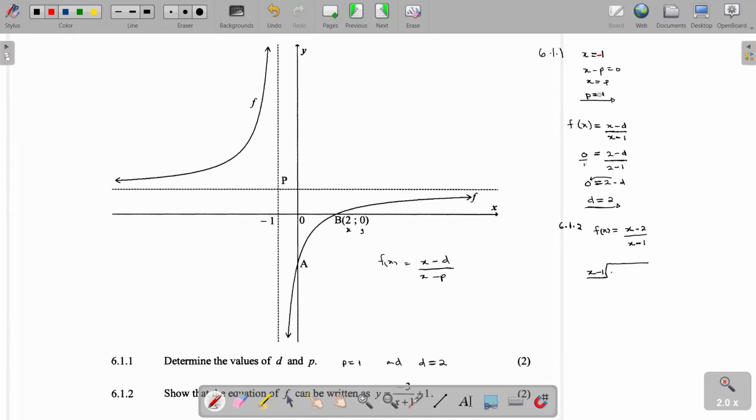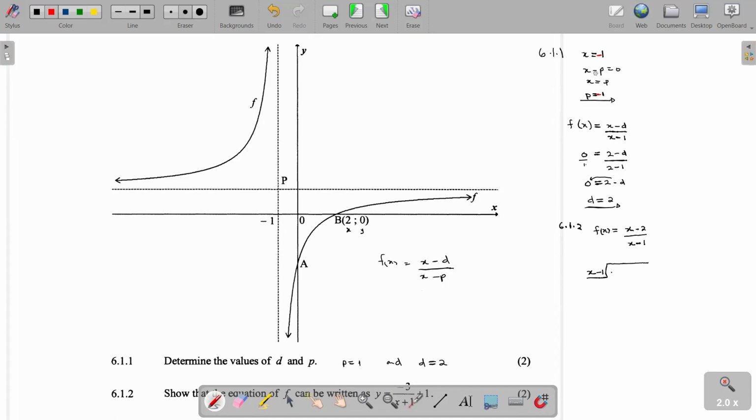After solving, we are supposed to get p is equal to -1. Kindly take note I had made a mistake because I overlooked the negative. As you can see from the graph, the asymptote is x equal to -1.